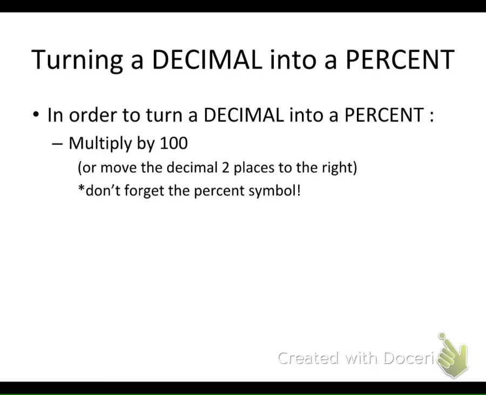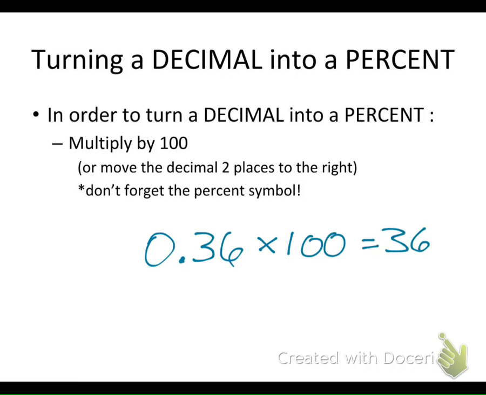So you can either multiply the decimal that you have by 100, or you can simply move the decimal point twice to the right. So if my decimal is 0.36, we can either multiply by 100, and if you put that into your calculator, you're going to get 36, and then you have to remember to write your percentage sign.